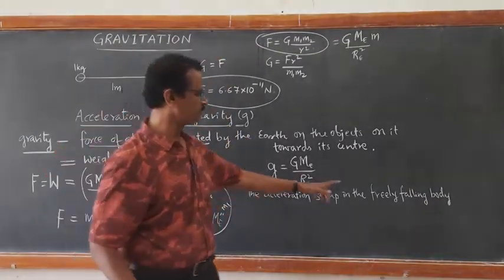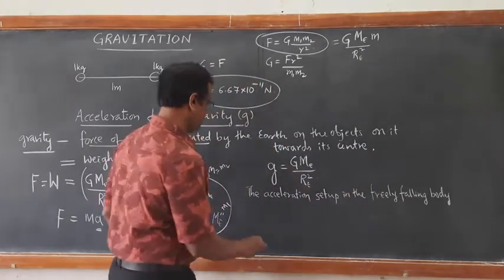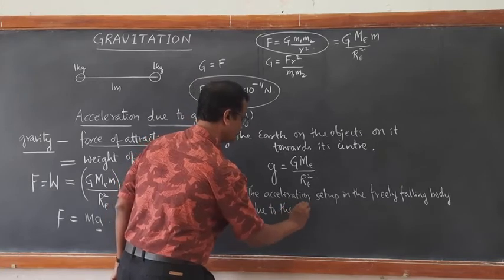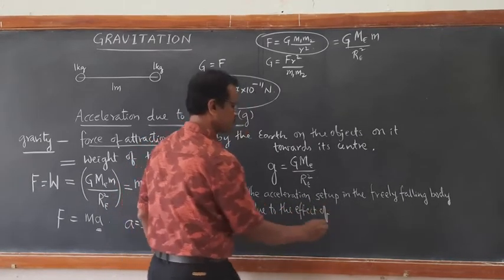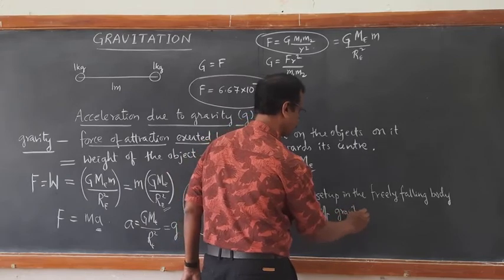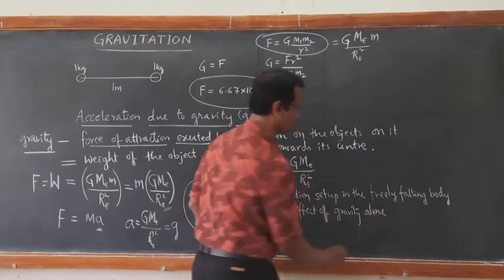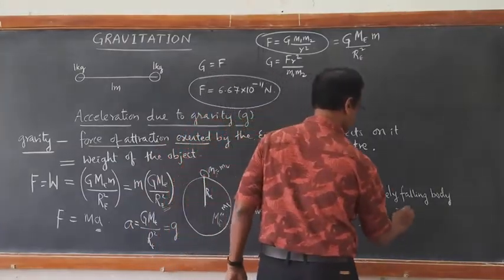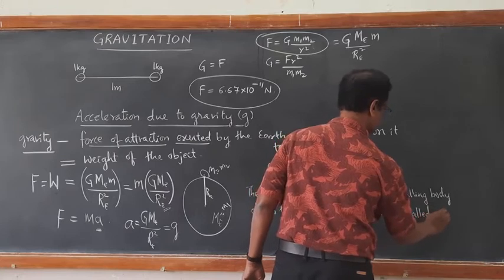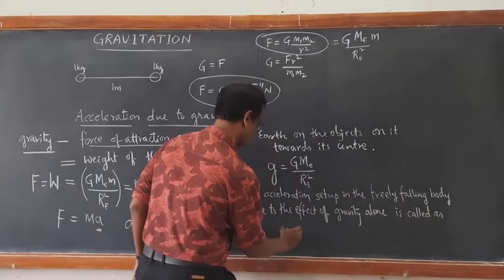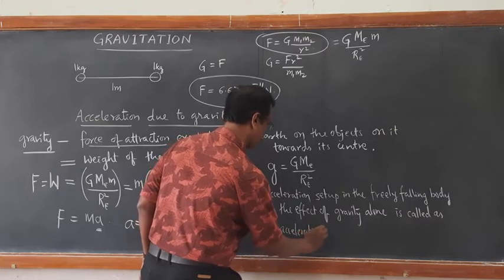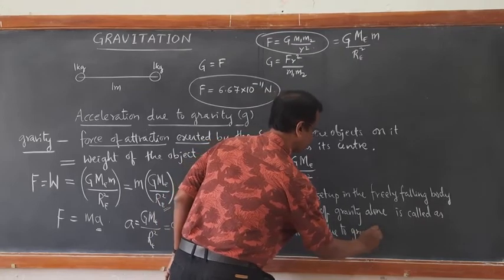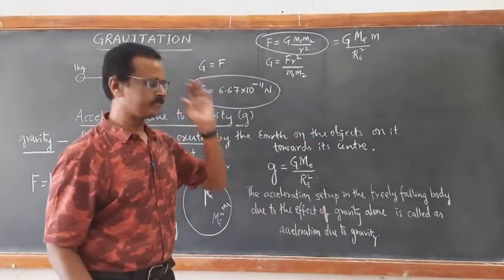That acceleration set up in the freely falling body due to the effect of gravity alone, we consider only one force, that is the Earth's gravitational force, that is gravity alone, is called acceleration due to gravity. This you have learned even in the 9th standard. Same thing we have repeated.